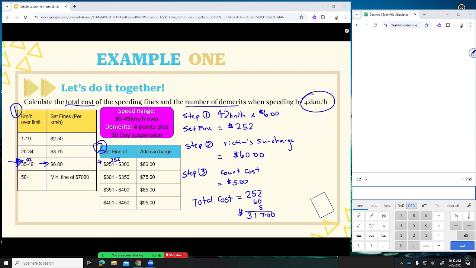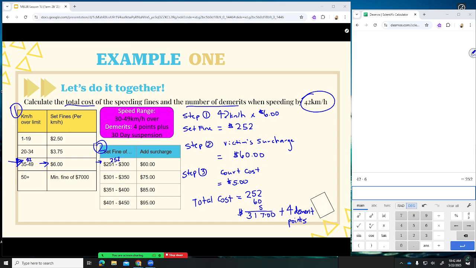That's not us. We're under 50. So we're going to keep going down the list. 4 demerit points will be added if you are convicted of exceeding the speed limit by 30 to 49 kilometers per hour. That's us. We sped by 42. We fit in that range. That means it's going to cost us 4 demerit points.